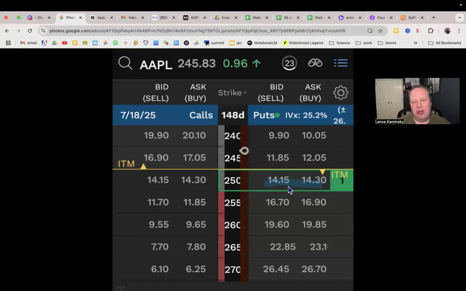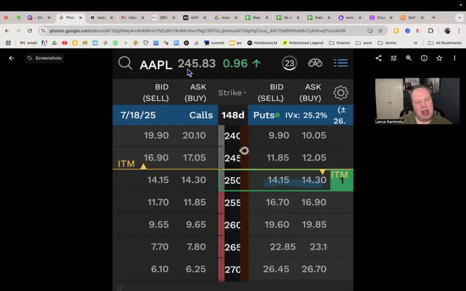But let's say you bought the 250 put, and I did this really far, about 148 days out. So what is that? Five months out. What are the possible situations that could happen with the stock? If Apple just keeps shooting up and goes up to say 300 or so, in that case, we would have capital gains, 300 minus the 245, about $55 in capital gains.